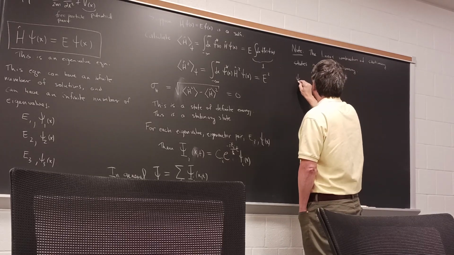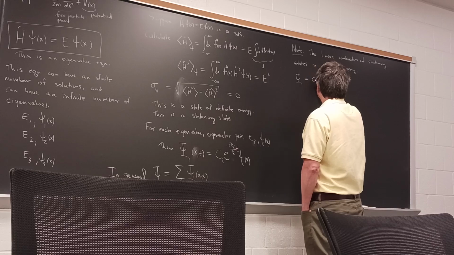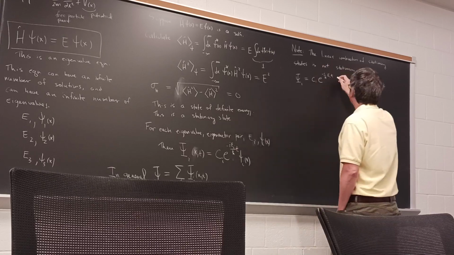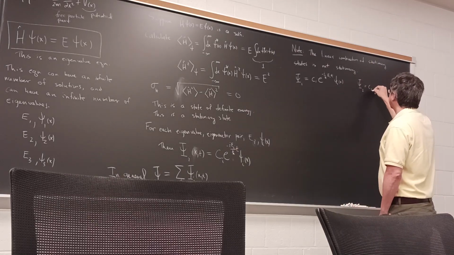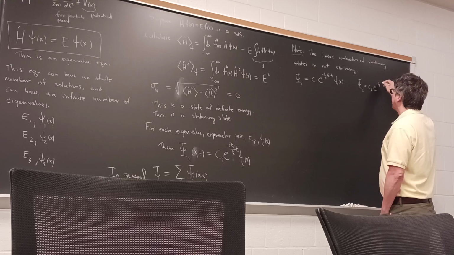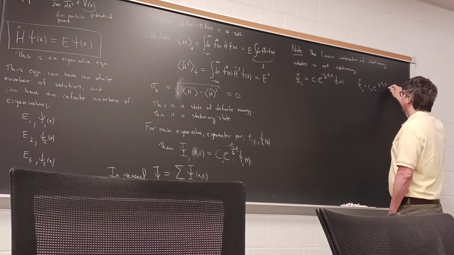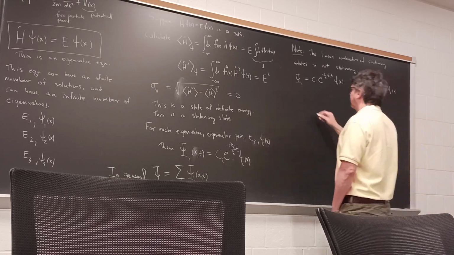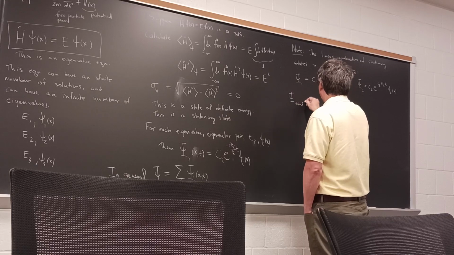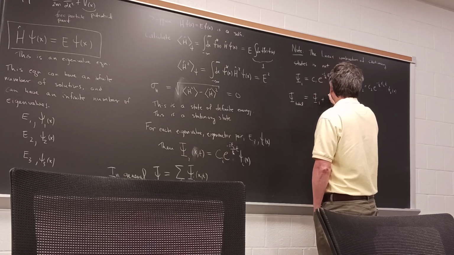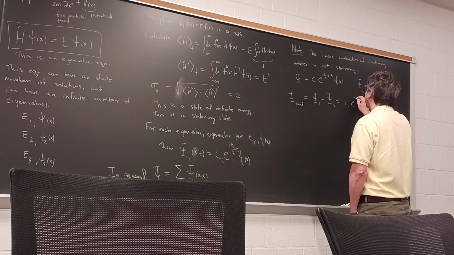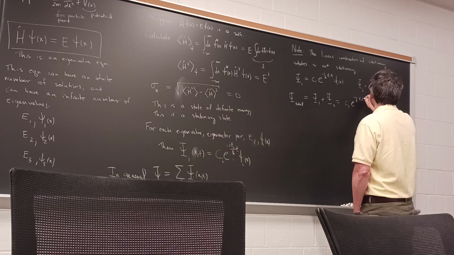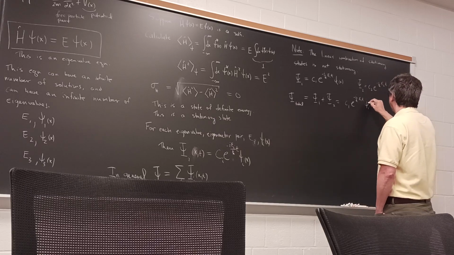So if capital psi 1 was C1 e to the minus i over h bar E1 t times psi 1 of x, and capital psi 2 is C2 e to the minus i over h bar E2 t psi 2 of x, then the sum, psi total, psi 1 plus psi 2, I can't pull out a common exponential here in the energies, and so it won't have a simple time dependence.